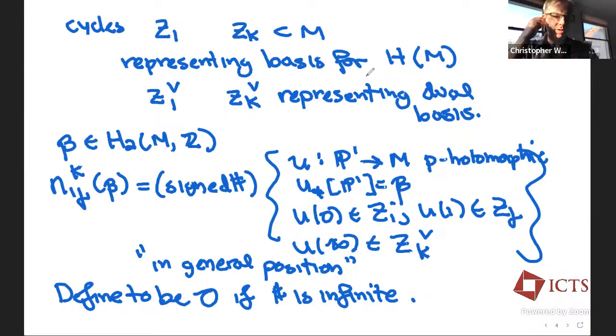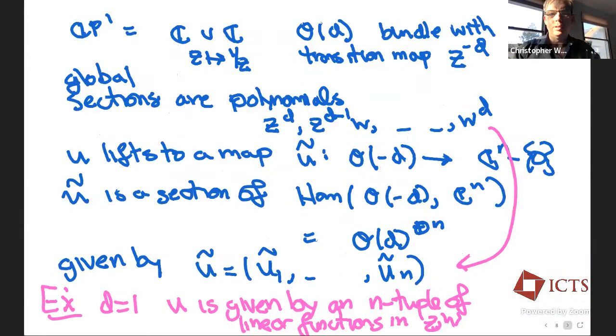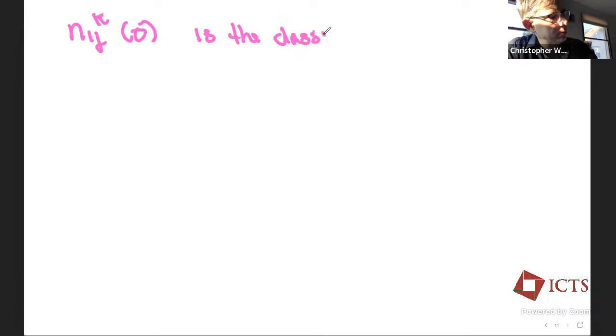So it's a little bit like, keep in mind that N_ijk at zero is the classical cup product of these three cycles.